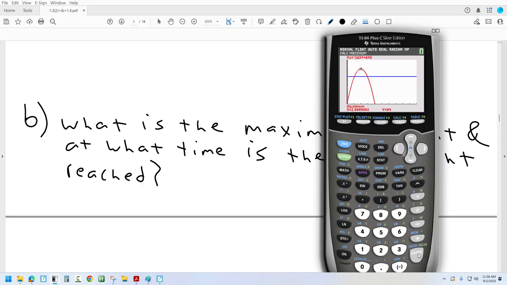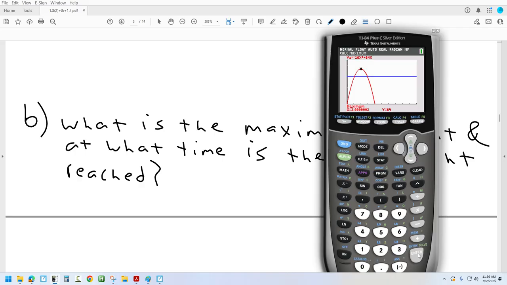Now, sometimes you get like 2.0000002, or some of you might have got like 1.9999999. Did anyone get that? It's basically the same thing. The calculator is just doing an estimate. If we round it, after how many seconds does the rocket reach its highest point? 2.